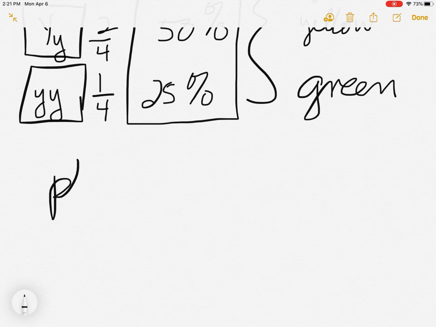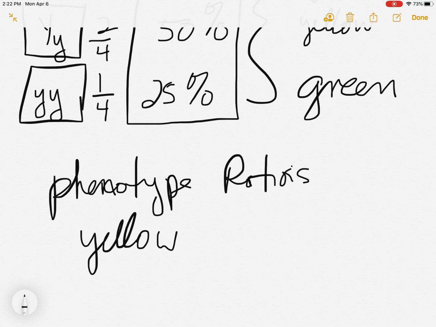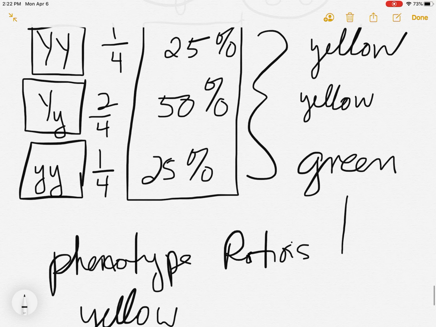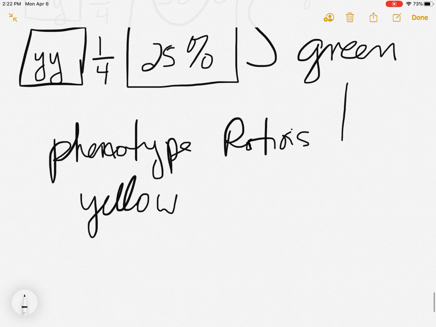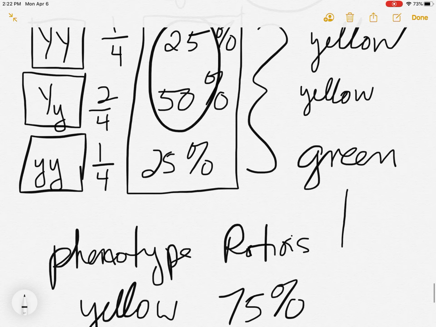So it's 75% yellow. You add up the percentages that we had up there, 50 and 25 for 75%, and 25% for the green. So you see, these are not quite the same as the genotypes because of that dominant and recessive combination that also looks yellow. Basically, what it means is you're going to get a lot more yellow than you are green. It's very hard to get green because there's only one combination of alleles that will get you a green pea.